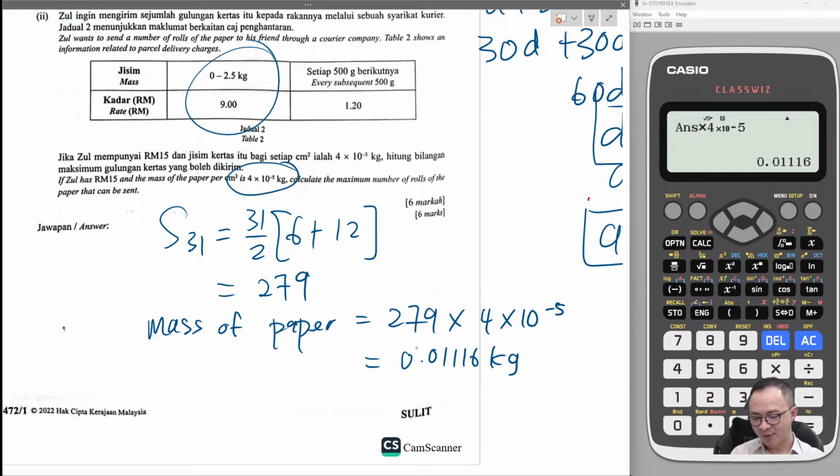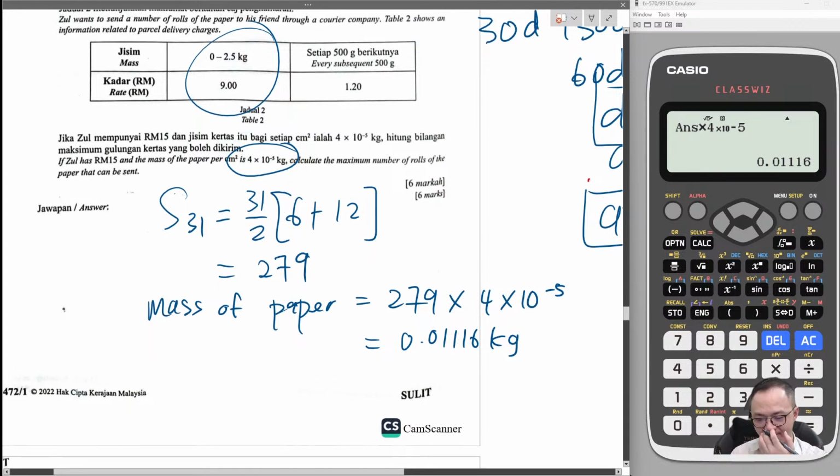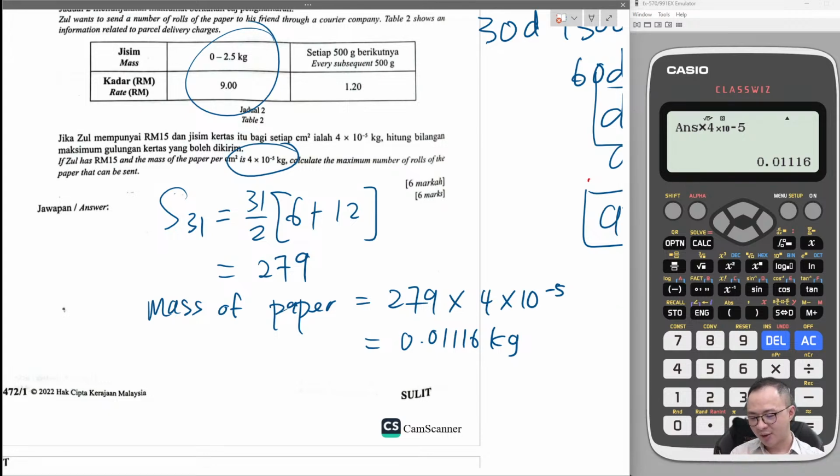Okay. So he has 15 ringgit. I will minus 9 ringgit for the first 2.5 kg. So I will have about 6 ringgit left. So for 6 ringgit, I will divide it by 1 ringgit 20 cents.